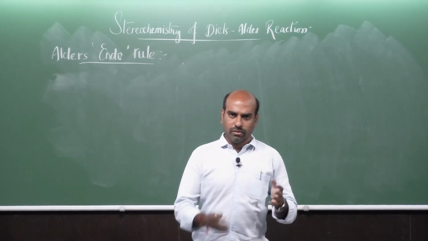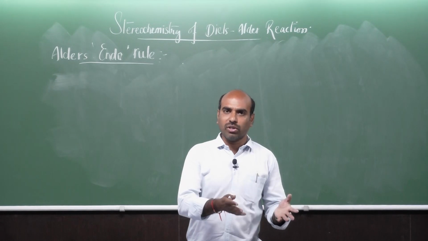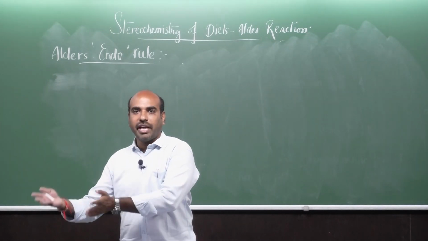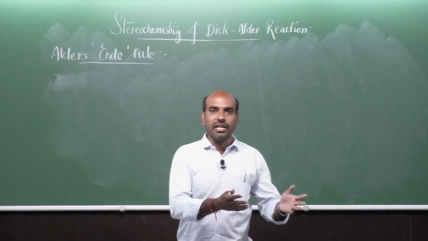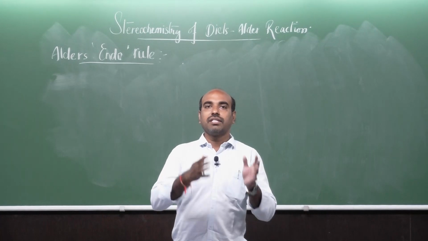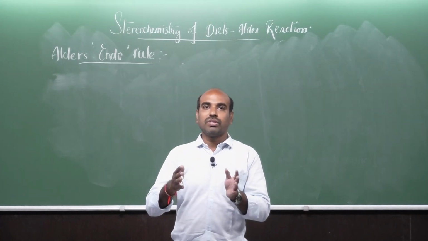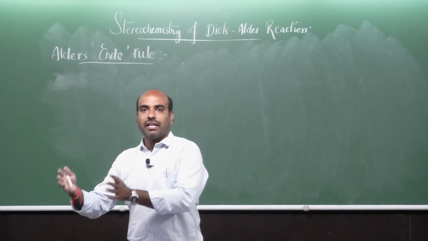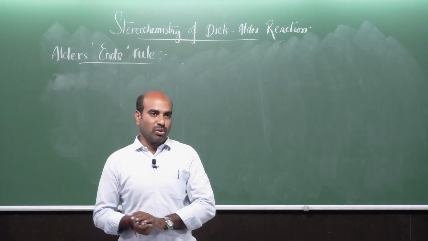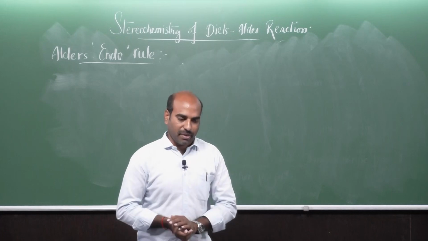The transition state for the endo isomer is more stable, so it is quickly formed and converts into the endo isomer. The transition state of the exo isomer is less stable, so it forms in lesser amounts and is finally converted into the thermodynamically more stable exo product. Why is it happening so?